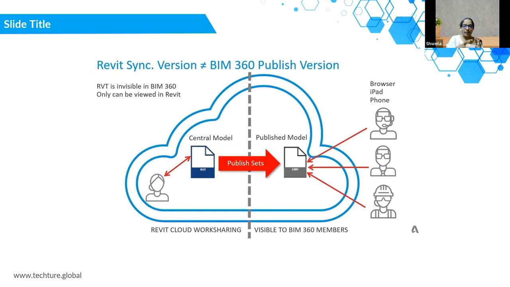But being able to sync your project does not mean your project is on BIM 360. When you are locally connected, let's say you have 10 PCs in an office all connected through a server, at that time also you will have the option to synchronize, reload and relinquish your model. But with BIM 360, there's this one option which comes in Revit. I'll show you all how it looks in Revit.